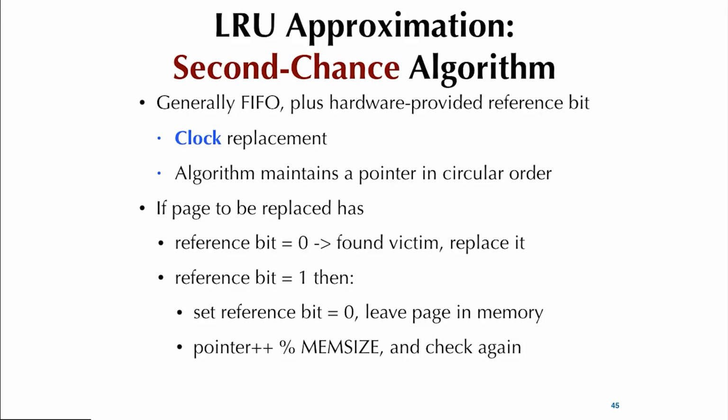Then it may go one full round until it comes back to the same one it just cleared, right? So it will terminate by definition, because once that one is 0, and if you haven't found any other 0, you will come back to that very first one you cleared. So this will terminate. This is a kind of crude approximation of LRU, but it's pretty interesting.